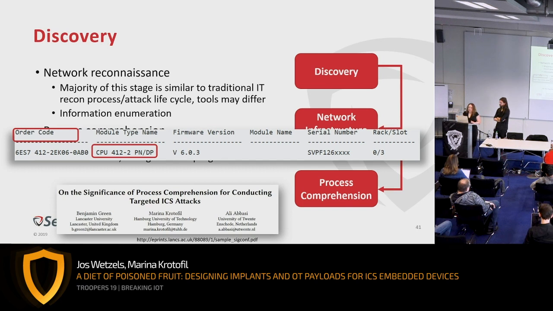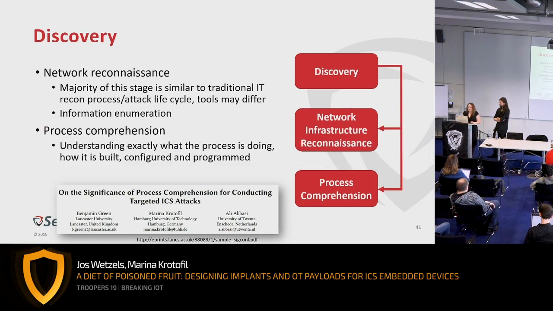So you will have to use the capabilities of the native protocols to query the controller: who are you, tell me about you, what firmware you have, what is your order number, because we will be looking for completely different information about those assets. It's not like you're looking for your MAC address or something.